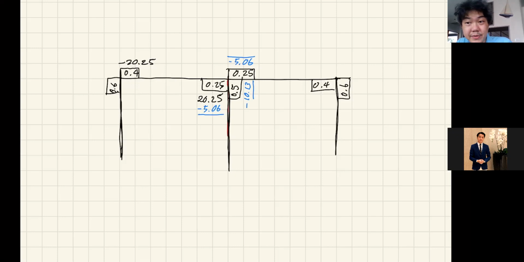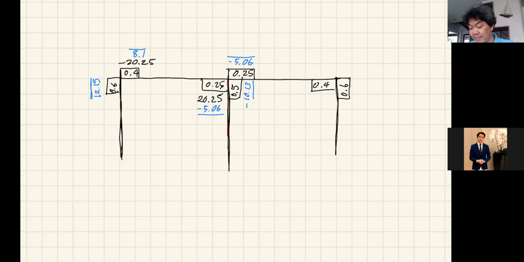And now we move on to joint A, where we have the unbalanced moment of minus 20.25. 40% is going to come from member AB, and that is 8.1. And this is 60%, so it is 12.15. Okay, and then we underline it. Okay, so that's the end of our first cycle.